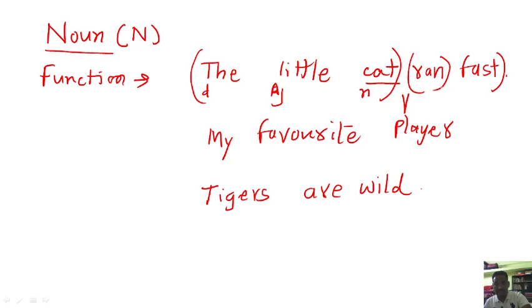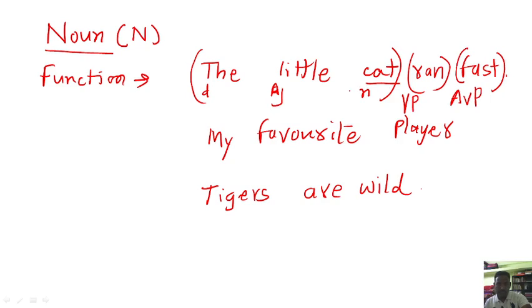Fast is related with the verb ran. How did it run? It ran fast. So here it is adverb, and these two make noun phrase and verb phrase.